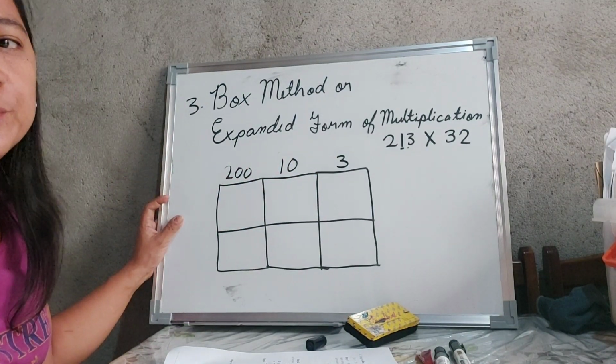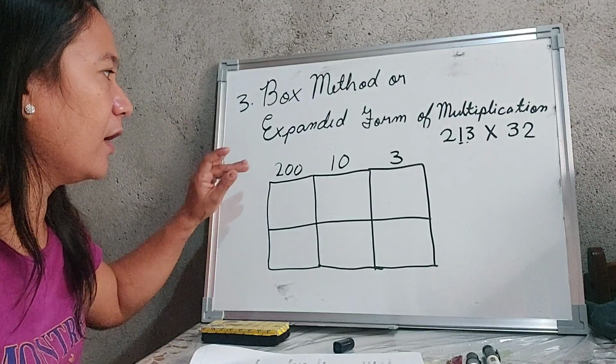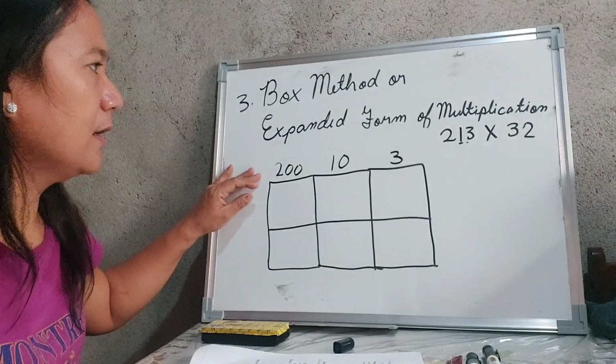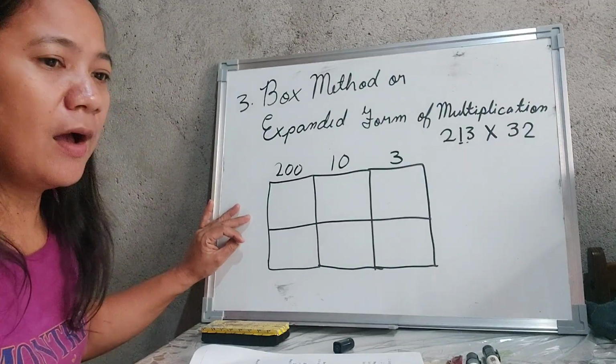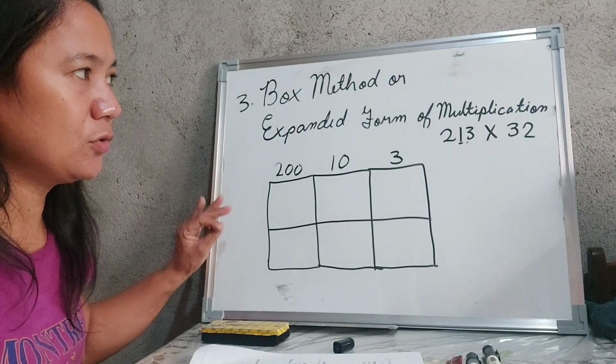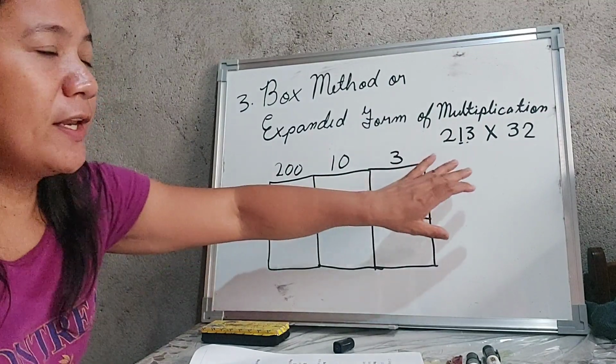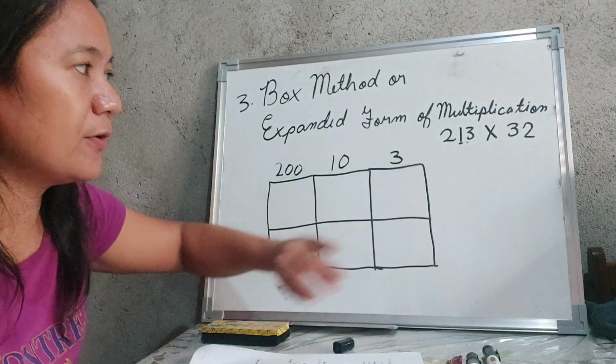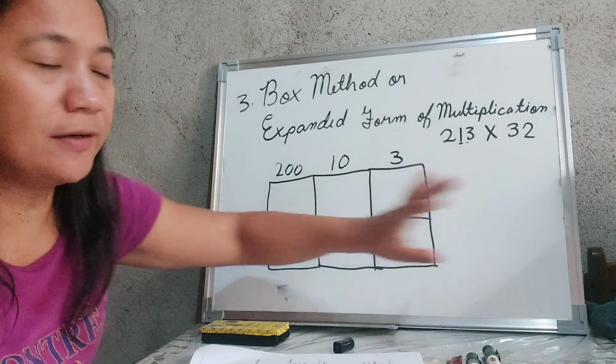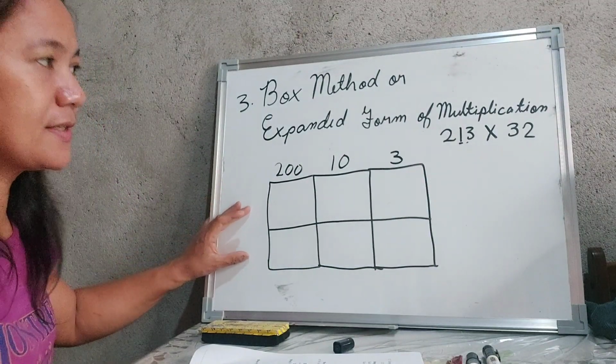place value. Since we already wrote down the multiplicand, we will write down the multiplier which is 32. Write also them into the expanded form. Kung kanina nasa right side tayo naglagay ng mga multiplier, ngayon dito tayo sa left side.